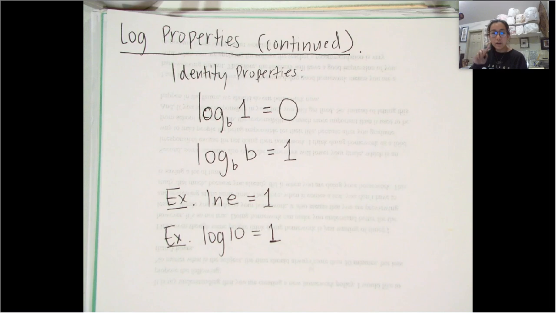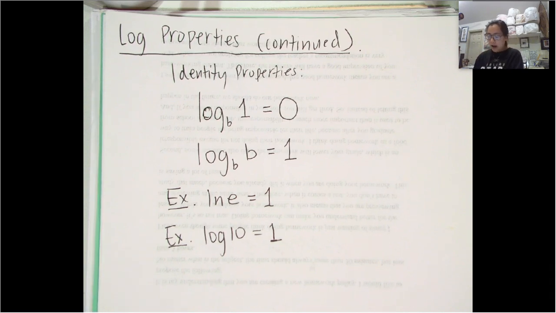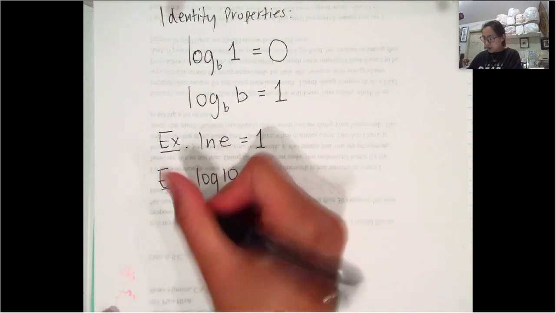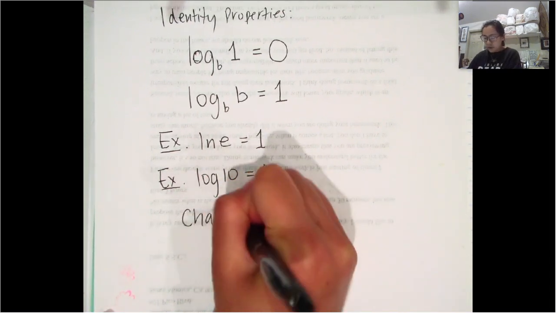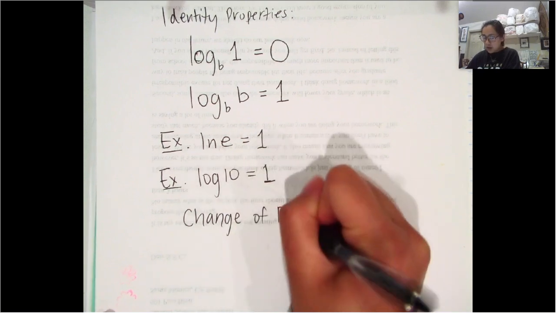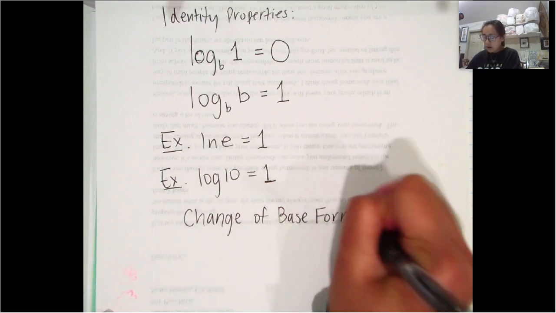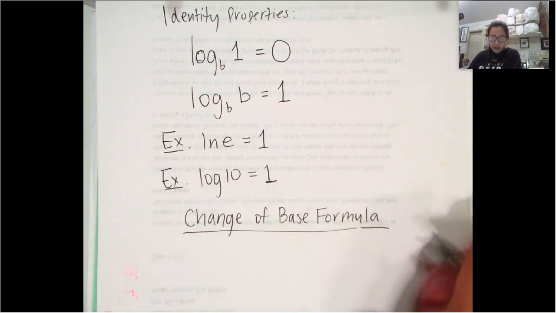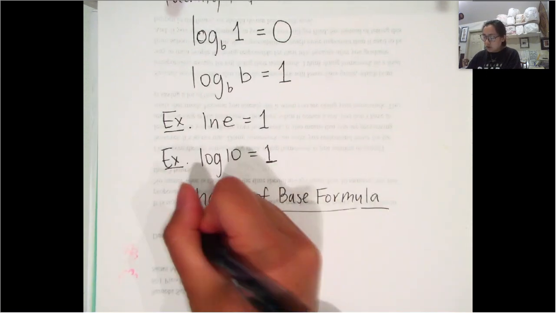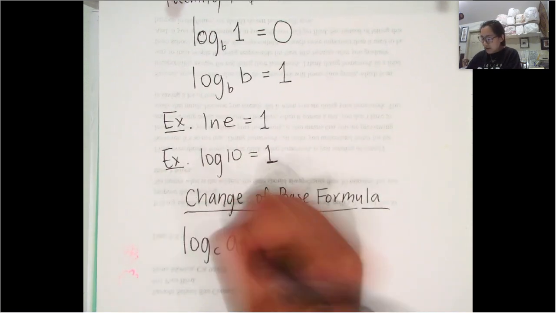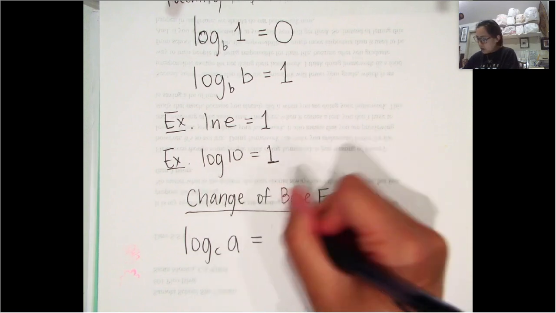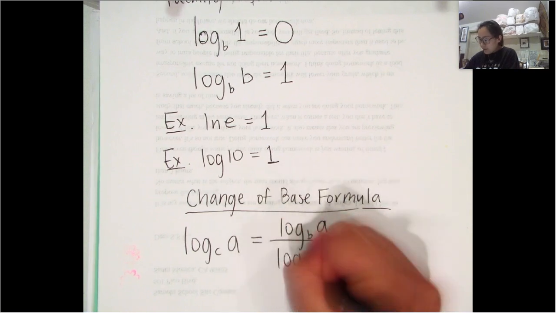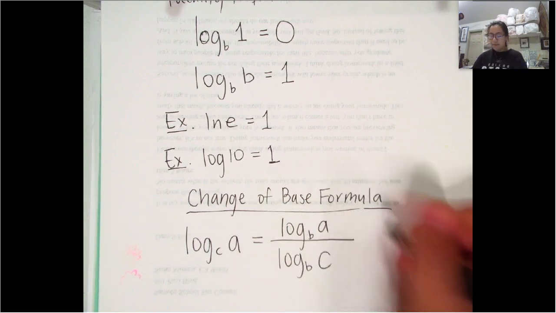All right, so our third property that we're talking about in this video is going to be the change of base formula. The change of base formula was traditionally used so that you could type logs into your calculator. So the change of base formula is where log base c of a equals log base b of a divided by log base b of c.